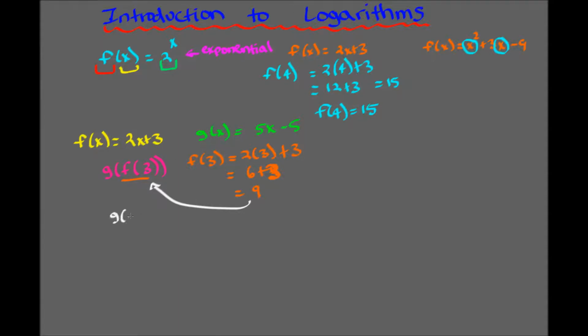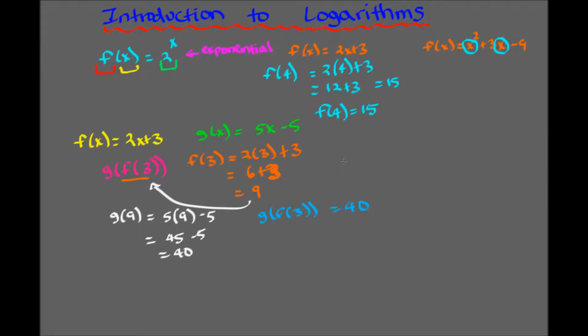So we have g of 9 is equal to 5 times 9 minus 5, which is equal to 45 minus 5, which is equal to 40. So therefore, g of f of 3 is equal to 40. So that's how you do a composition of a function.